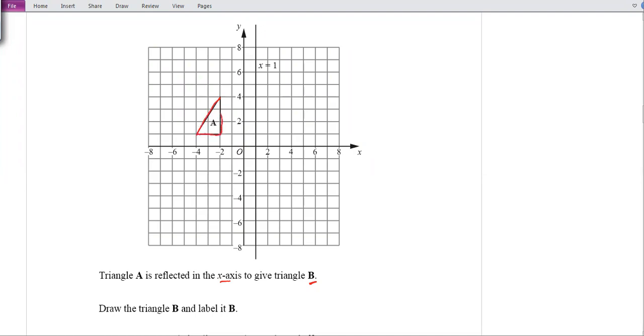This is the triangle A. And the question is saying you have to reflect in the x-axis. Now, to do the reflection, you need not worry about the rules. Just what you should do, where is the x-axis? This is the x-axis.